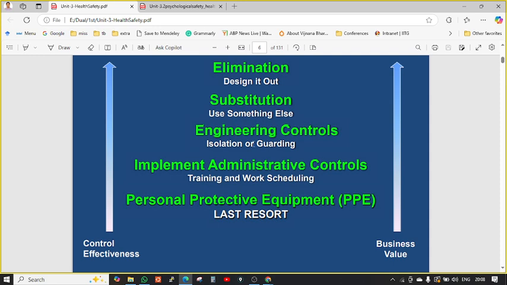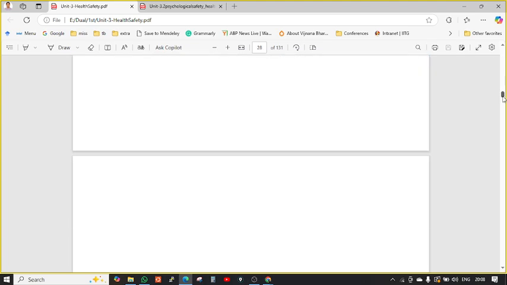That means we implement laws, rules, regulations, and so on, on how to handle this equipment, giving training, skilled persons, experienced persons, all these things. And lastly, personal protective equipment. These are the different devices we use in our working place in order to protect ourselves. So these are all we discussed yesterday.